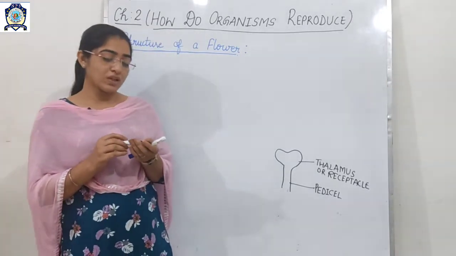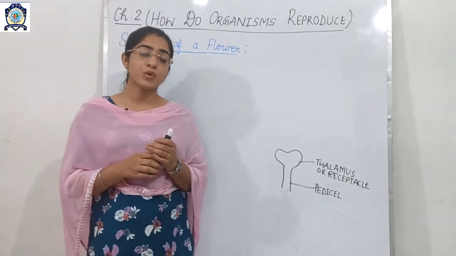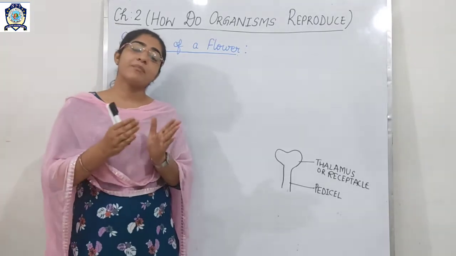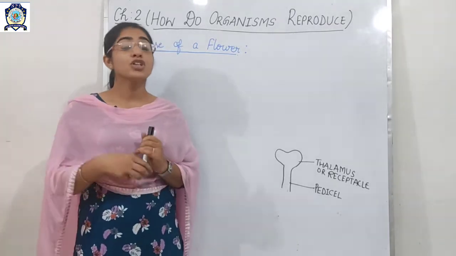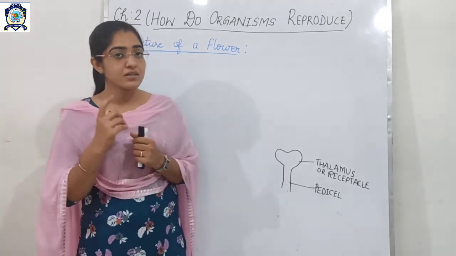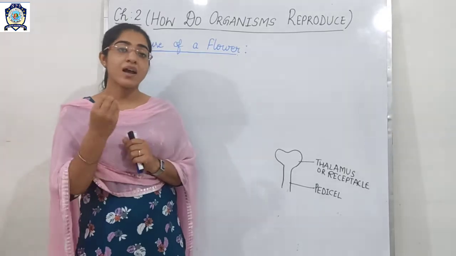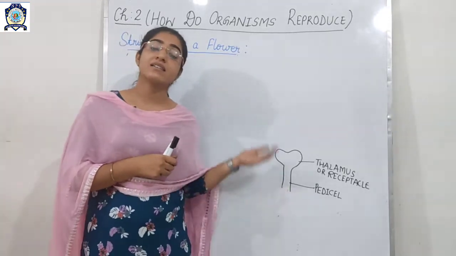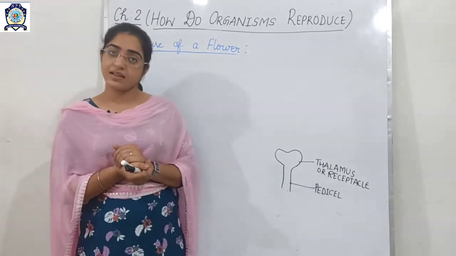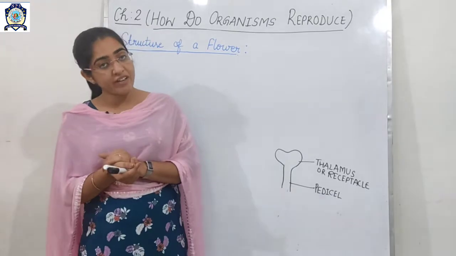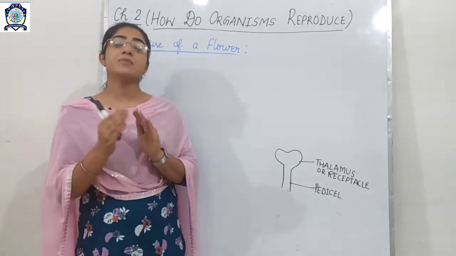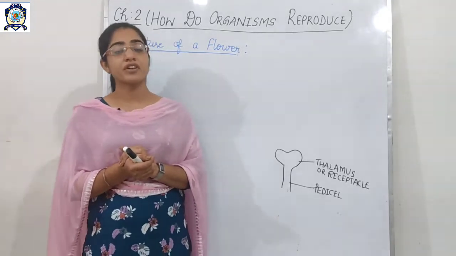I am giving you one simple example. Suppose we consider the example of boys: you wear pants and shirts, but sometimes you use other accessories, like goggles. In a similar way, a plant, or here the flower, also has its accessory parts, the decorative parts, and those decorative parts help in the process of reproduction.